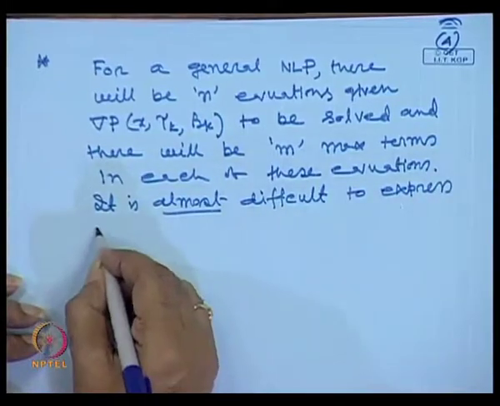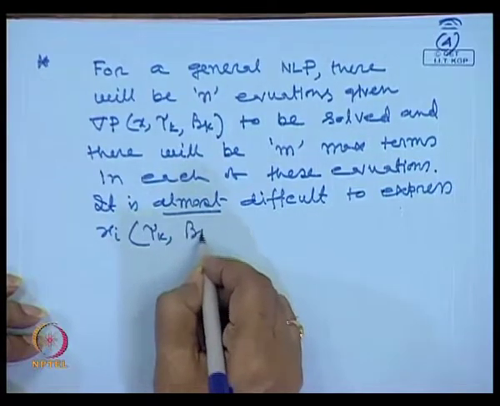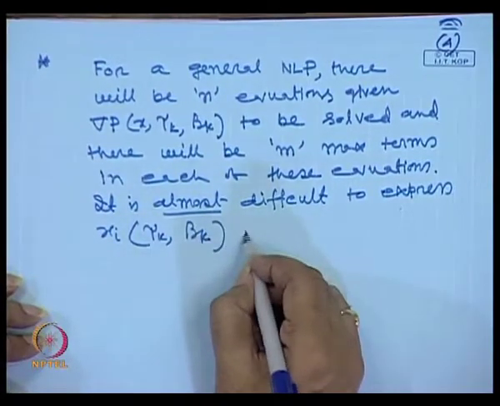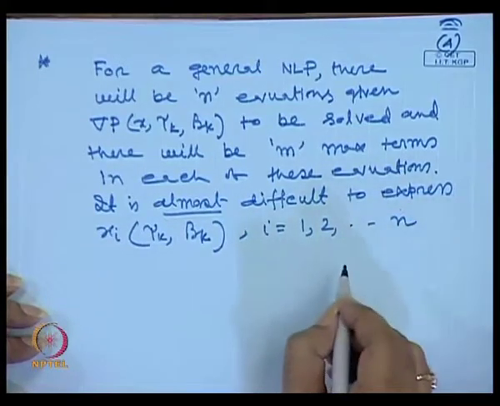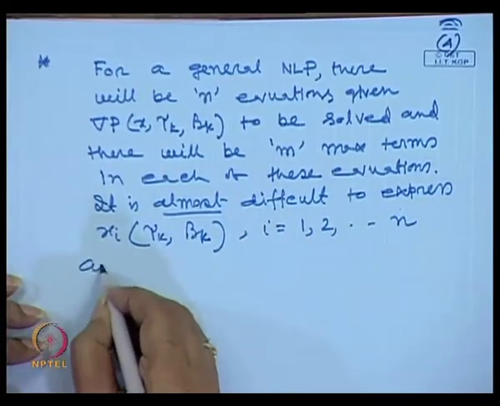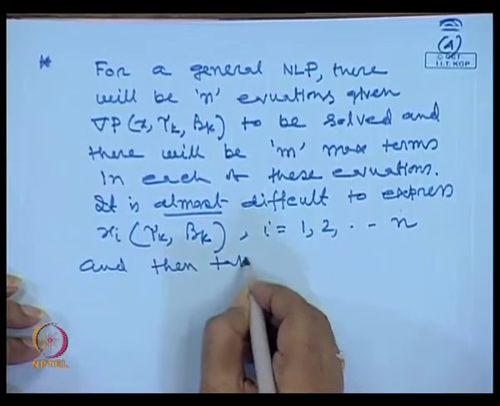Whereas the interior penalty function method generates a sequence of feasible solutions and ultimately converges to a feasible and optimal solution. This is the difference between the two methods.